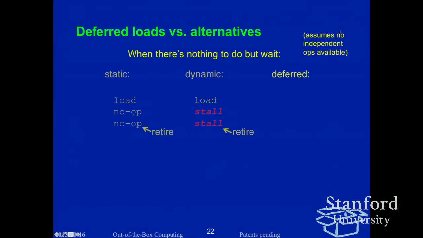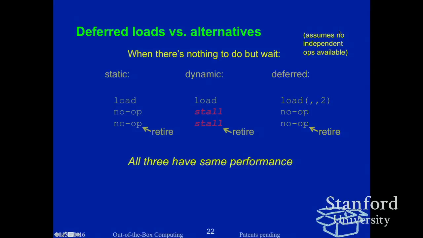The Mill with deferred operations will issue the load. Because it's statically scheduled, it also has to say we're going to idle for 2 cycles worth of no-ops, and the retire is there. One difference between the static and the deferred form, despite the fact that all 3 have the same performance, is that the Mill no-ops in the encoding occupy no extra space in the code stream.